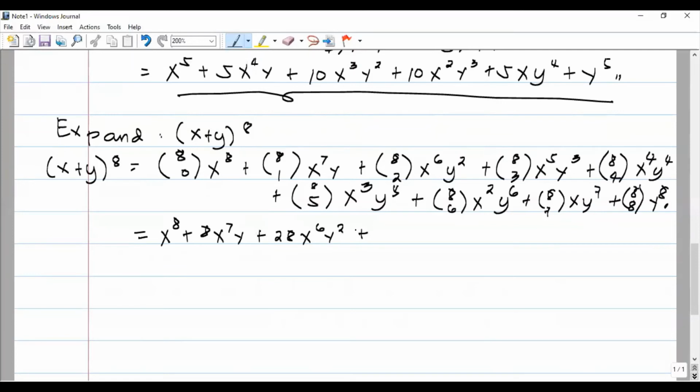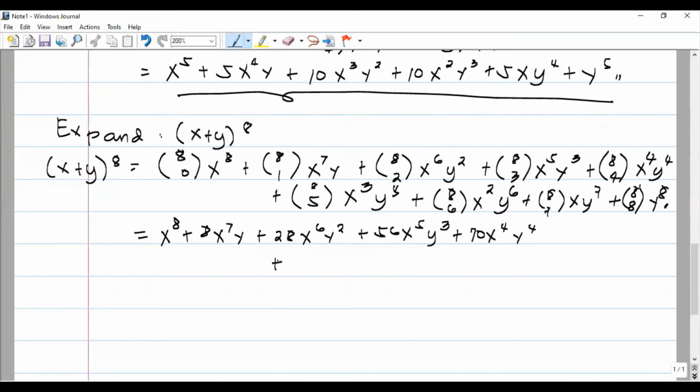Plus the combination of 8 taken 3 at a time is 56 times x to the 5th y cubed. Plus the combination of 8 taken 4 at a time is 70 times x to the 4th y to the 4th.